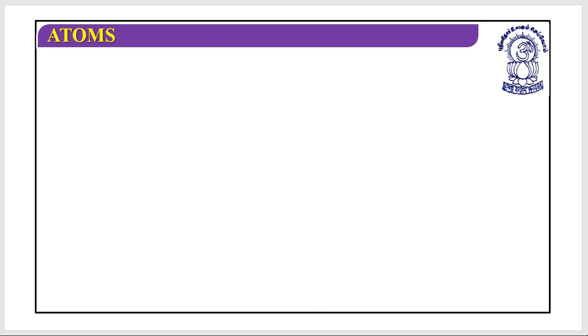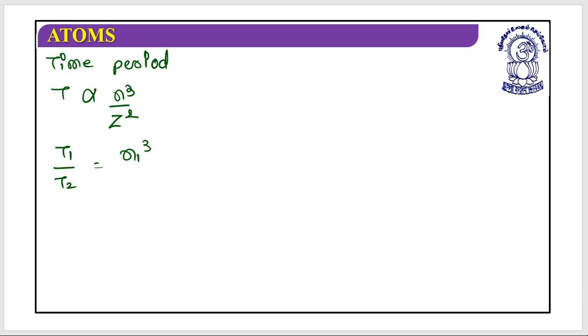Now let's work on the time period. T is directly proportional to n cube by Z square. So t1 by t2 equals n1 cube by n2 cube, which is 2 to the power 3, that is 8, divided by 3 to the power 3, that is 27.